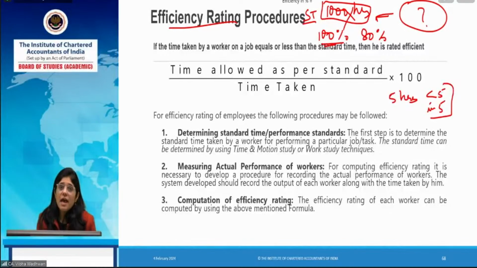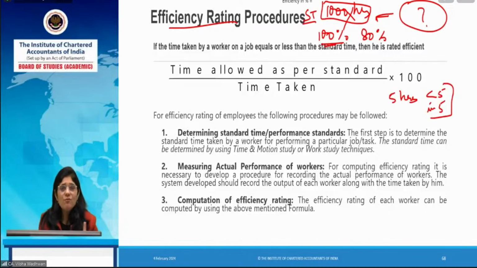So once I know the efficiency of my workers, it's very important to calculate the standard time accordingly. Accordingly, we'll make the budget requirement, the production requirement, and hire that many workers. So this point is very important. Can you tell me how much standard time it will require?